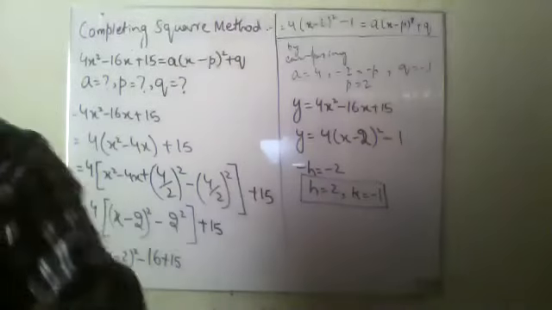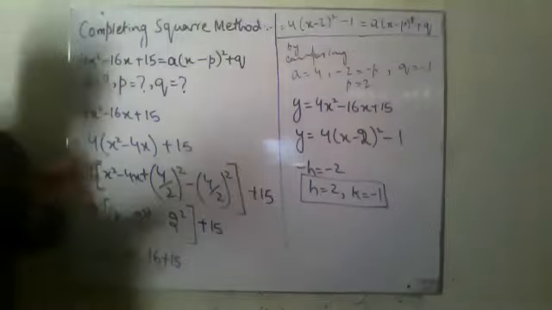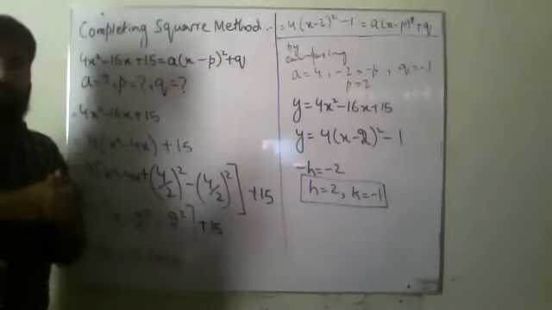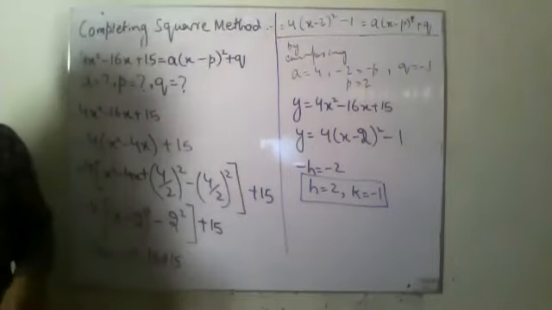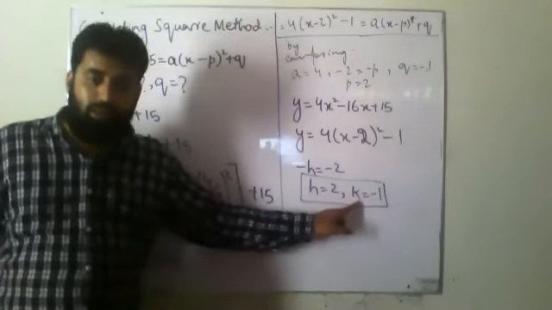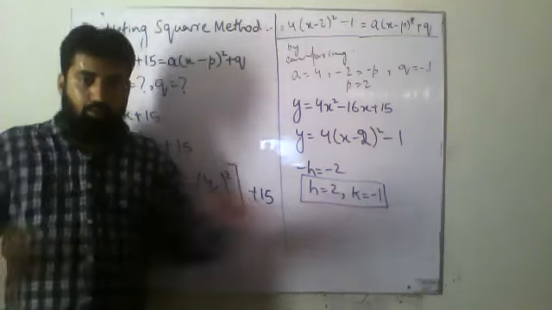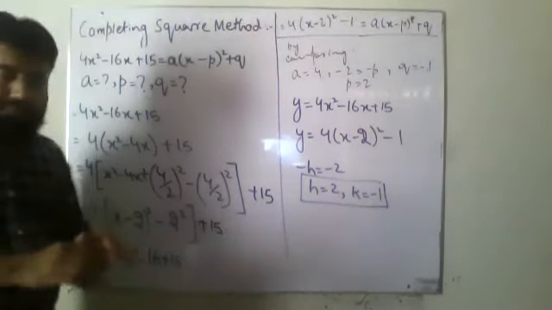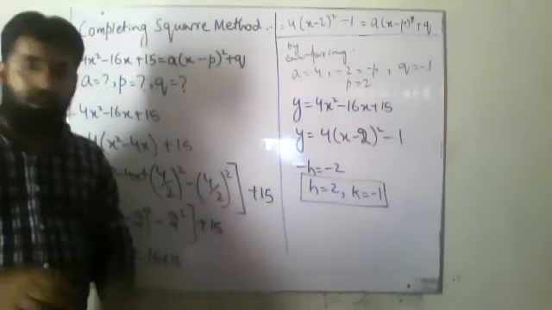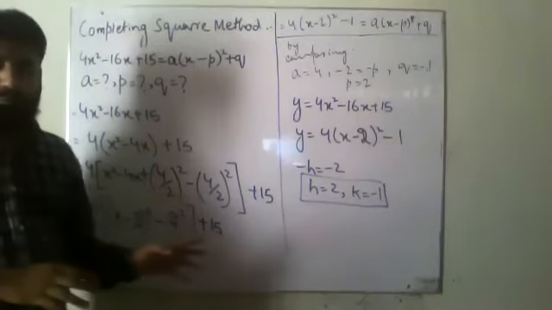Once again, I'm telling you something. What will tell you that it is minimum or maximum? For instance, if I'm asking whether this is a maximum point or a minimum point, of which coordinate, you will always say the k coordinate, which represents the y-axis. Y will tell you that it is either maximum of y or minimum of y. h doesn't make any difference, h is just a corresponding value.